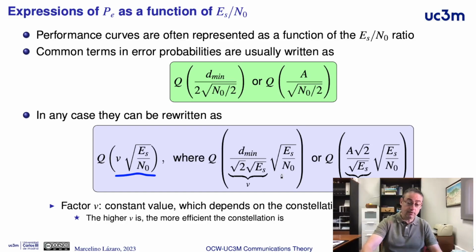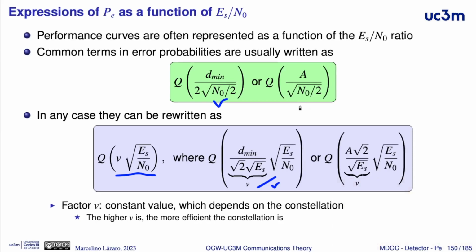For instance, if we have expressions like this one, the factor V is the ratio between the minimum distance and the square root of 2 and the square root of ES. And if we have expressions like this one, the factor V is written as the numerator that we have here times square root of 2 divided by the square root of the mean energy per symbol.